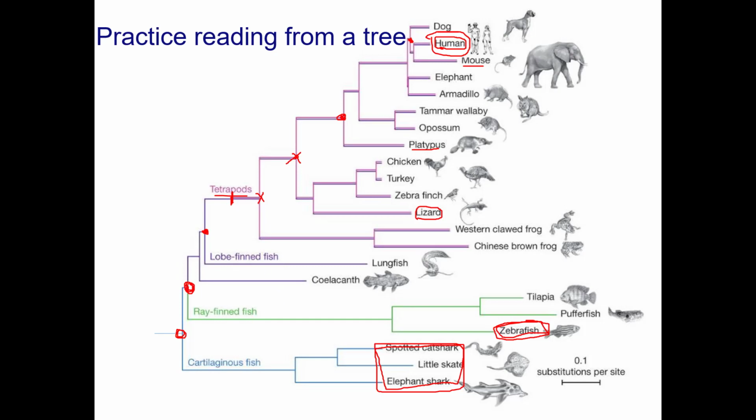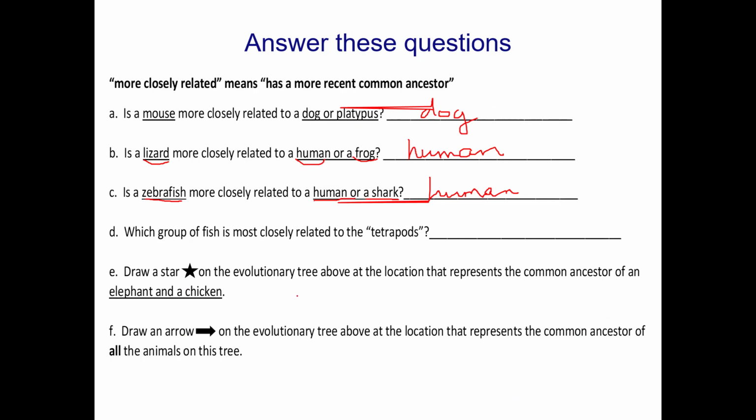You'd have to go back a little further to find the common ancestor with the ray-finned fish, and even a little further to get the common ancestor with the cartilaginous fish. So lobe-finned fish. So you're just reading from the chart, and you've got to remember that time is one of the axes.